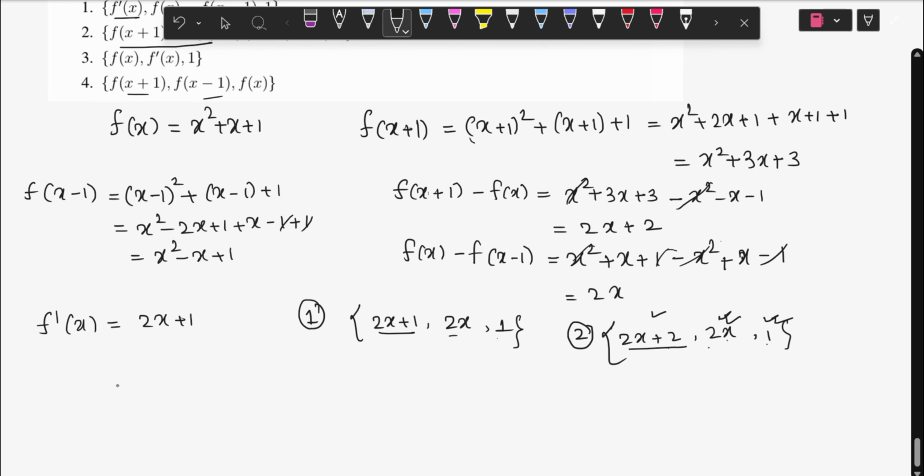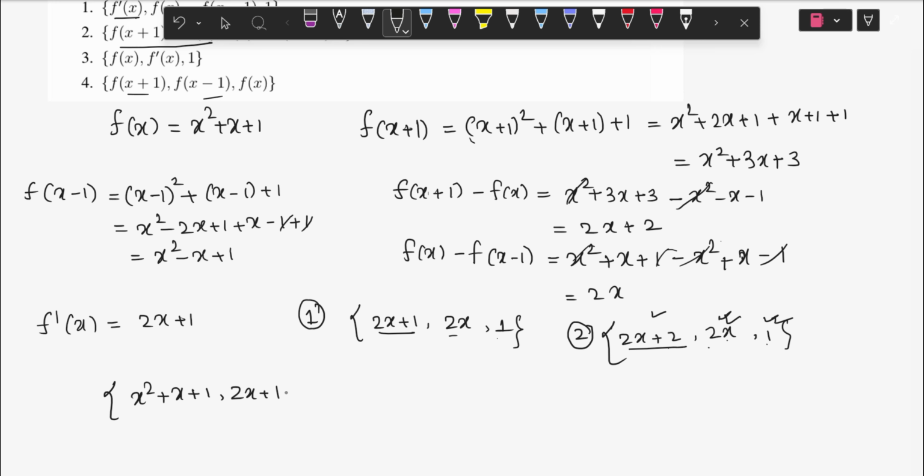The third option, fx is equal to x square plus x plus 1. f dash x we have 2x plus 1 and then we have the constant term. Now they are linearly dependent or independent, वो तो हम ऐसे देख के नहीं बोल सकते.